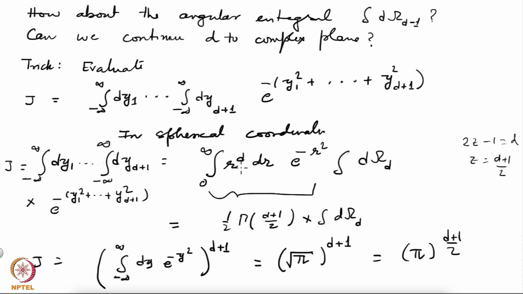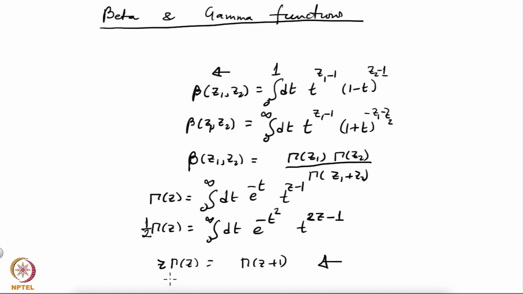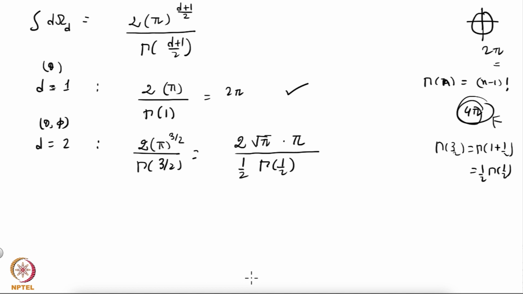Okay, so also let me keep it here. So what do we get? We get here 2 root pi into pi over half, gamma half is root pi, that cancels, and this is 4 pi. Okay, which is what we expected.